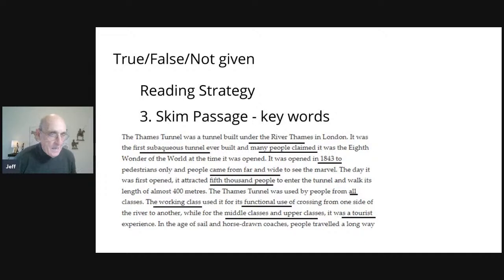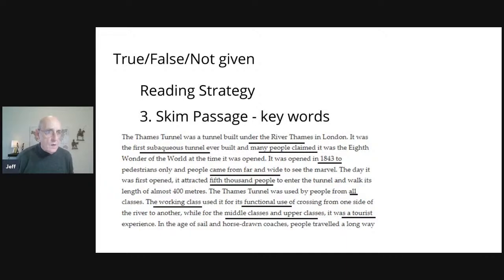So in this case, before I go back to the questions and keep going through the passage, I know where the information is for me to answer those questions. And now all I have to identify is whether they're true, false, or not given. Okay, so just to recap, the first thing we do is read the instructions.